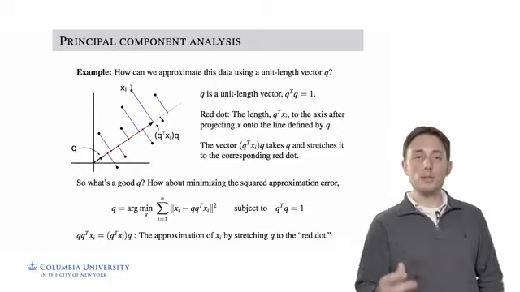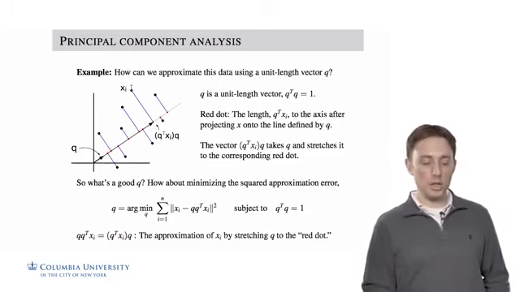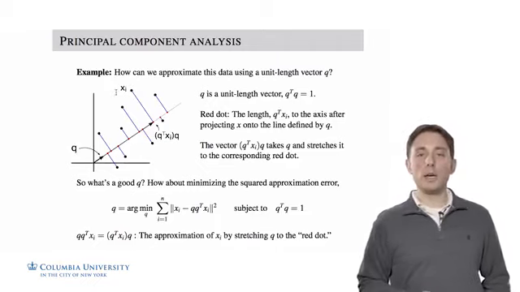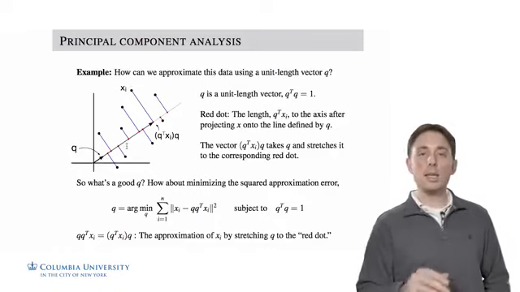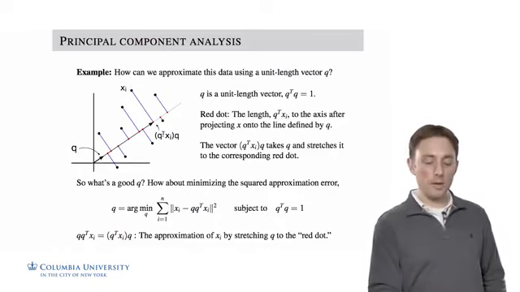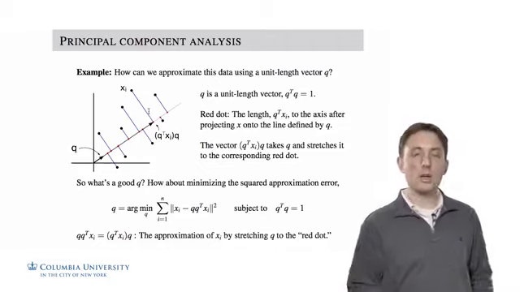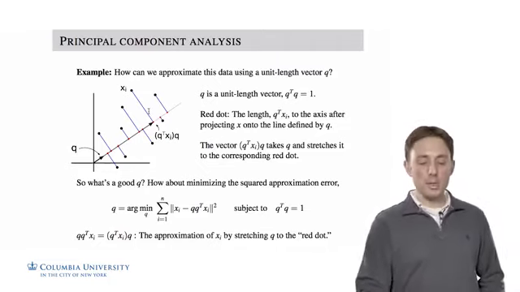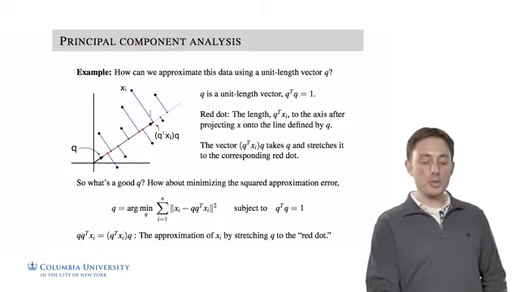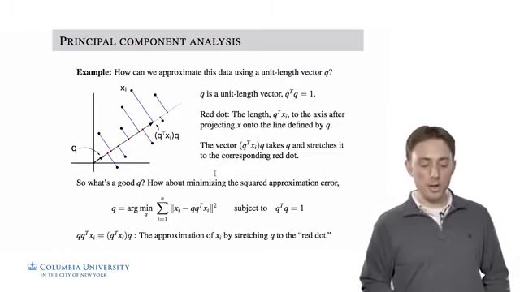So I've done a very trivial and not interesting example of dimensionality reduction by taking a two-dimensional vector and reducing it now to one dimension. For each of these points, I need to keep only one number: the value of q transpose xi. And then also somewhere I need to keep the vector q, potentially, if I want to try to reconstruct this space. So this, as simple as it seems, and as potentially uninteresting given this plot as it seems, is the basis for PCA, and it's very important and very useful.